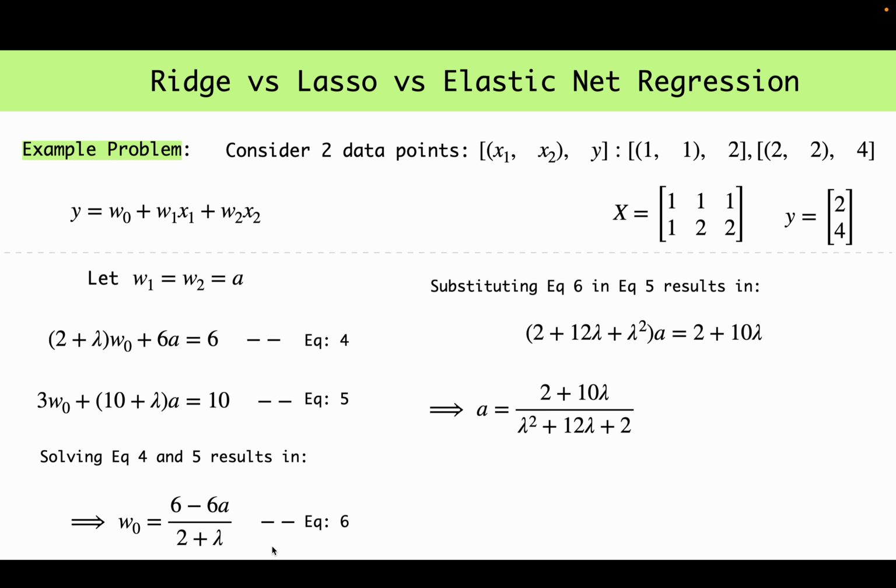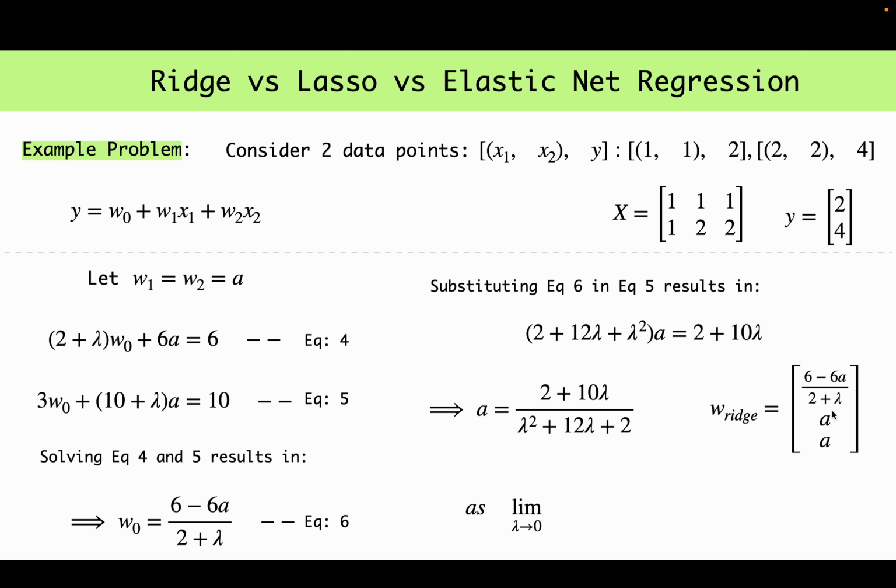So finally, after substituting equation 6 in equation 5 and simplifying, we get something as follows. When you write the ridge regression solution, you will have something as follows.